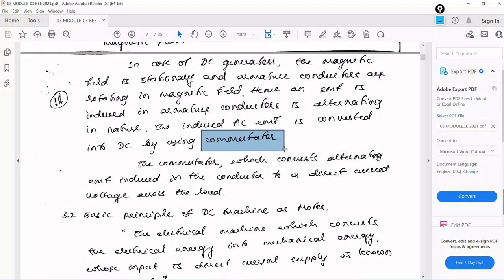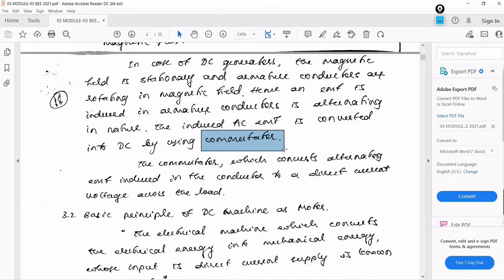I will show the DC machine and explain there, nothing to worry about. This is the basic principle of the DC generator: it converts mechanical energy into electrical energy based on the dynamically induced EMF principle.